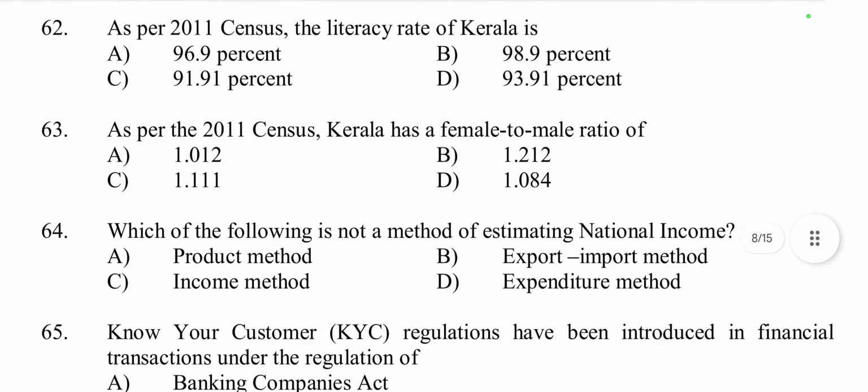Then question 63, as per 2011 census, Kerala has a female to male ratio of 1.012. Yes, 1.012. Kerala had 1084 females per 1000 males, so the ratio is 1.012.